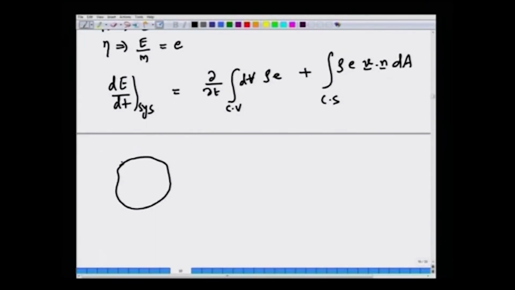Now, remember when you do the Reynolds transport theorem, you identify the control volume and you say that the system and control volume coincide at time t0, but at a later time, t naught plus delta t, the system is going to move out of the control volume. Okay.